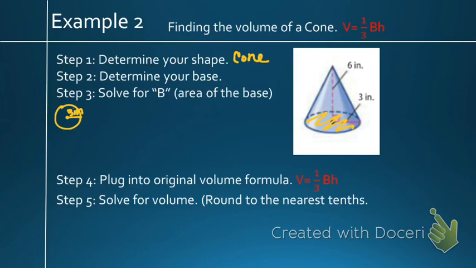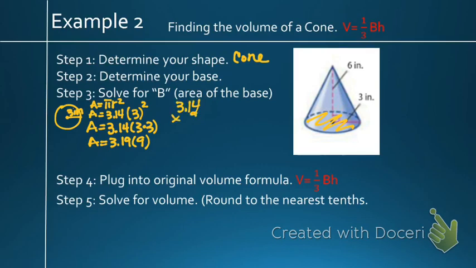So for the area of the base, a circle, we have A equals pi r squared. So I have 3.14 times r, our radius, which is already given, so 3 squared. Remember, it is 3 times 3. So we get 9. So 3.14 times 9.